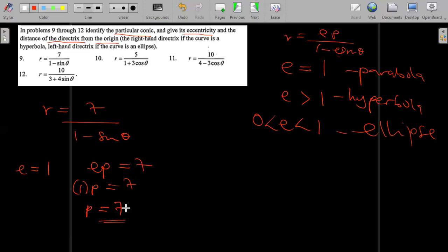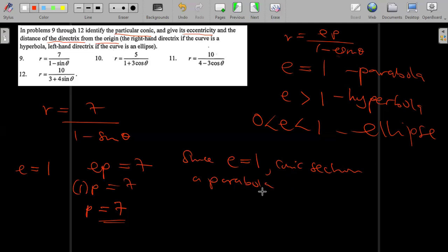No, we have to state that. Since our E is equal to 1, this means that our conic section is a parabola. So you state that it's a parabola.